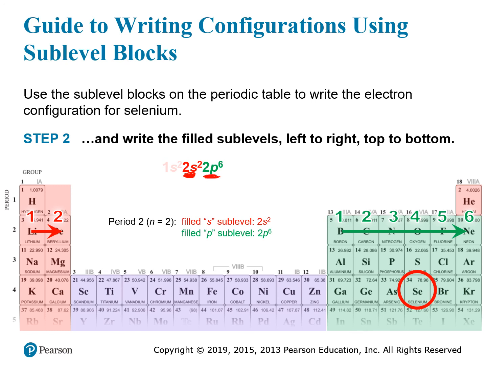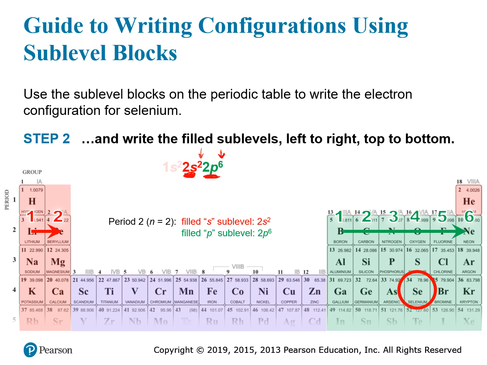So you're counting the number of elements in that block to tell you how many electrons go into that sublevel. There are 2 elements in the s block in row 2, so 2 electrons go in there.